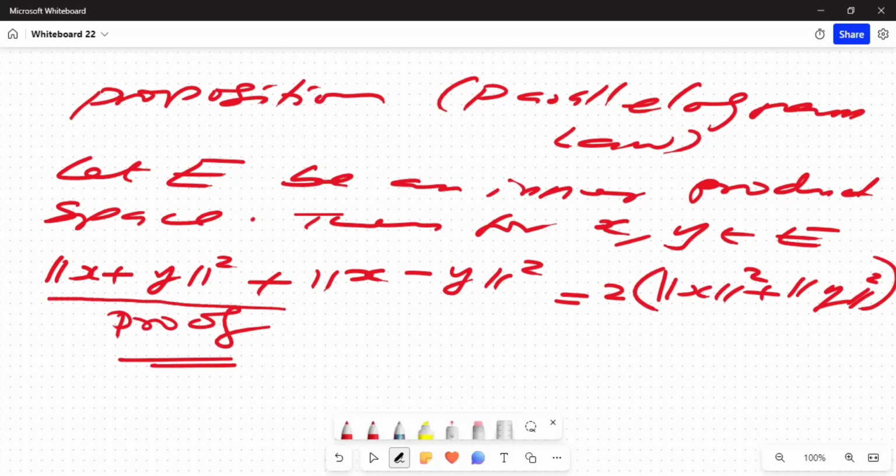Remember the equality: the left-hand side, which comprises norm of x plus y squared plus norm of x minus y squared, is equal to the right-hand side, which says 2 times norm of x squared plus norm of y squared. To prove it, just expand the left. Once you expand it, you see that you have exactly what you have on the right. So let me share a new screen, and let's do the expansion and see what we have.